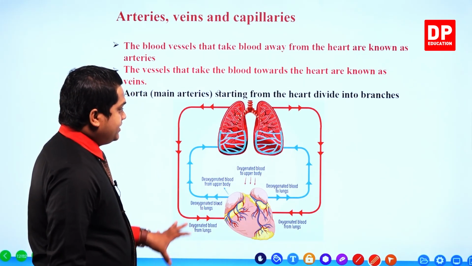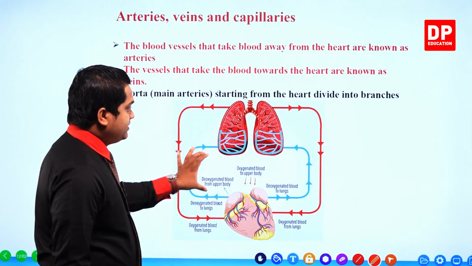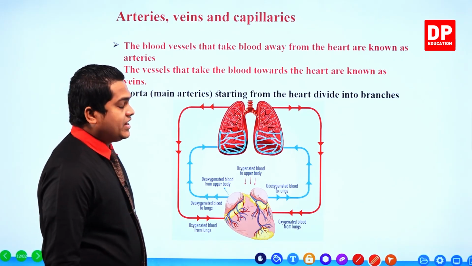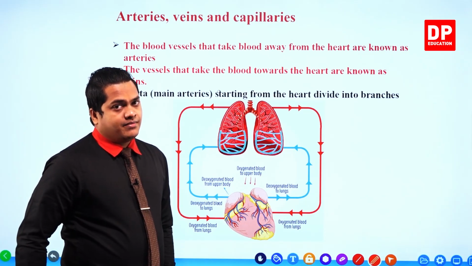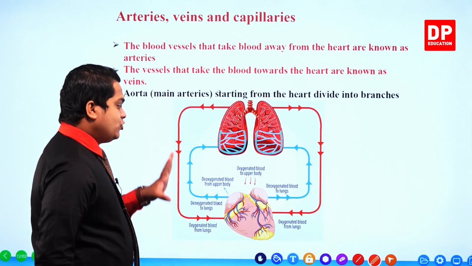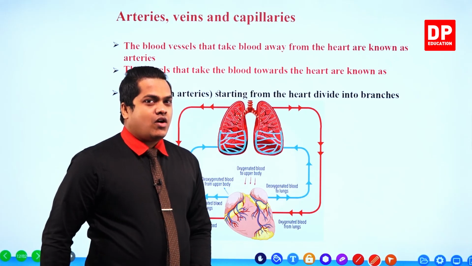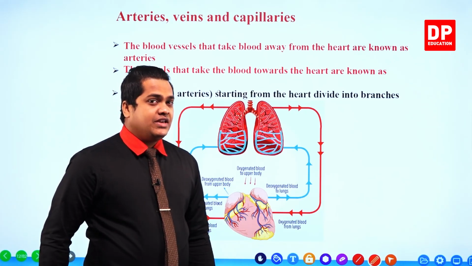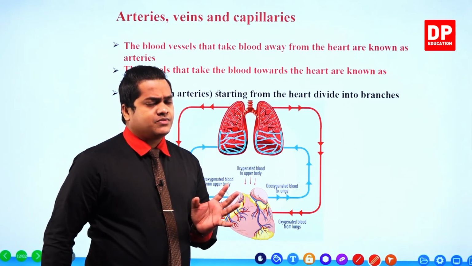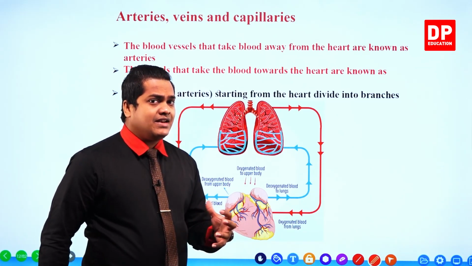So as you can see here, you can observe the blue color ones, usually the ones carrying deoxygenated blood, which are known as the veins. And the red color ones usually take oxygenated blood, which are named as arteries. There is a special case in pulmonary veins and pulmonary arteries, my dear children. Now a vein normally carries deoxygenated blood.